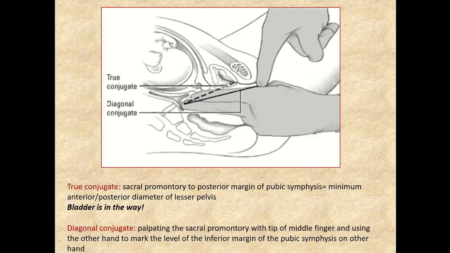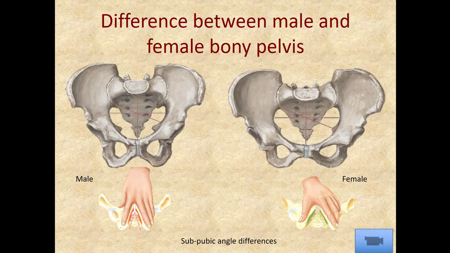And so clinically, oftentimes a diagonal conjugate is used so that the clinician can put his or her fingers into the vaginal canal and feel the sacral promontory, and then they can measure on the anterior aspect of the pubic symphysis on their hand, and then they can get an estimation of the size of the woman's pelvic cavity, or pelvic girdle, excuse me.